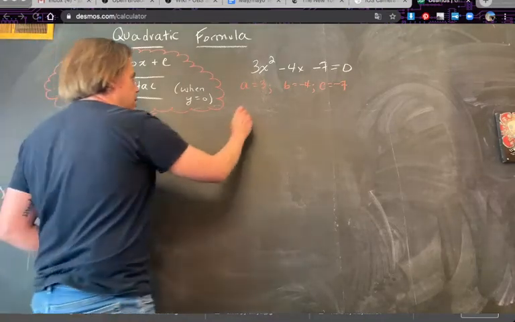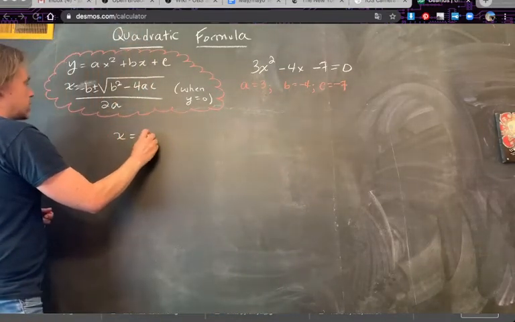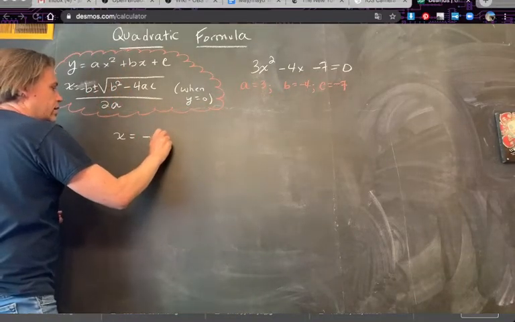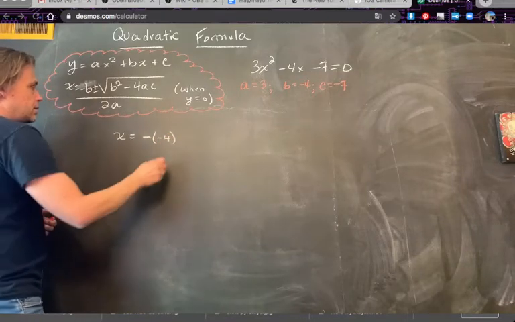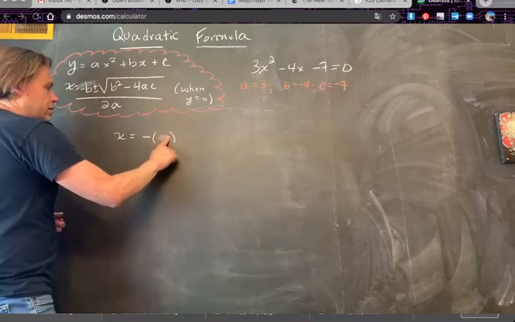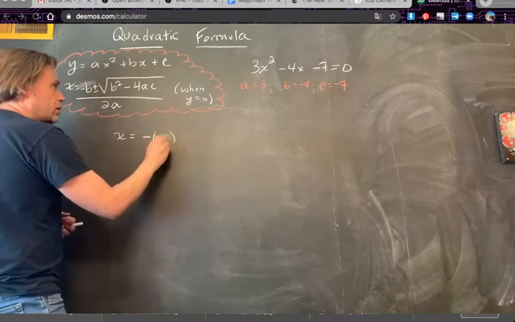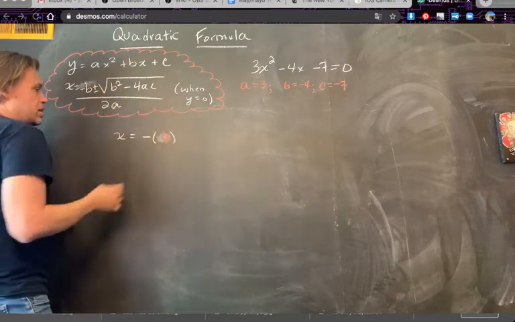So I should get x equals negative b. b is negative 4, so I want a negative of a negative 4. In fact, let me put all those in a different color just so we can see what I'm substituting. So b is negative 4, that's this thing here. So that goes instead of b.